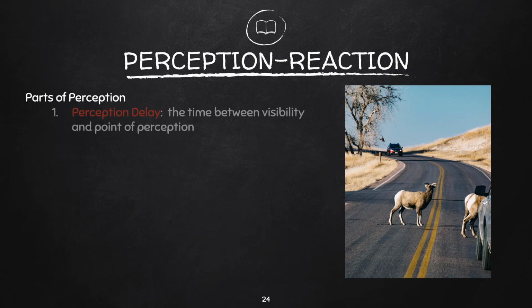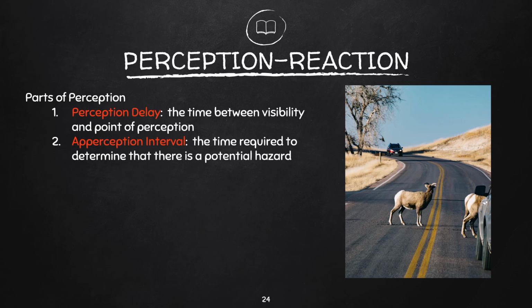Parts of perception. First part is perception delay, the time between visibility and the point of perception. And we also have your perception interval, the time required to determine that there is a potential hazard. Of course, not everything that you see on the road is a potential hazard. It's still up to your emotion or your decision, or this perception interval, to determine whether that object is really a potential hazard.